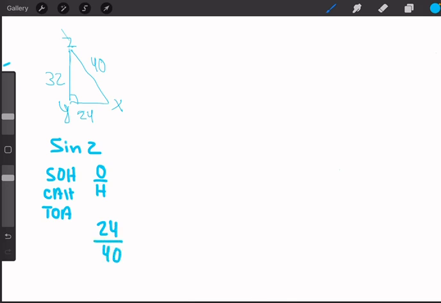Now this is definitely something that can be simplified, so we're going to put it down to 3/5, and now we can put it in. So sine of 3/5 equals 0.01. Well, approximately 0.01.